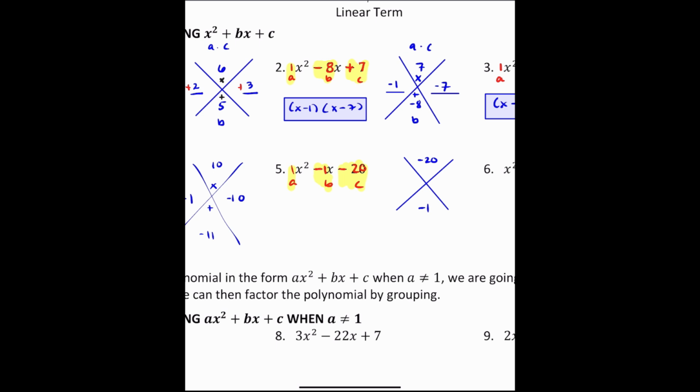So the numbers I'm thinking are 5 and 4, where the 5 is actually negative. So negative 5 times 4 is negative 20, and negative 5 plus 4 is negative 1. So x minus 5 times the quantity of x plus 4.